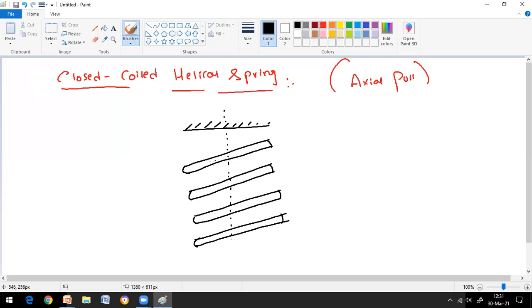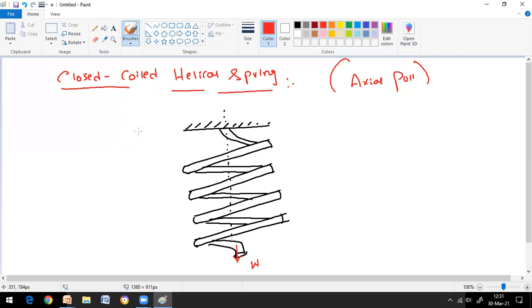Here the spring is subjected to an axial pull with the load W.